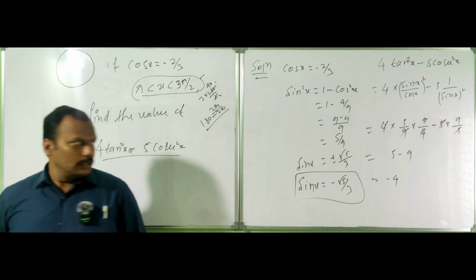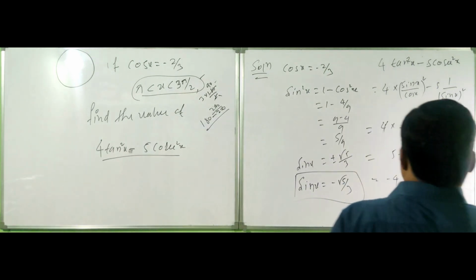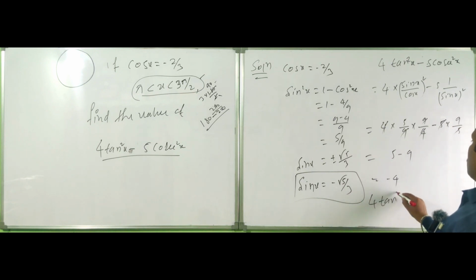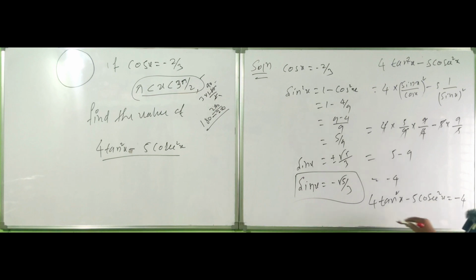Answer is minus 4. Therefore, 4 tan square x minus 5 cosecant square x is equal to minus 4.